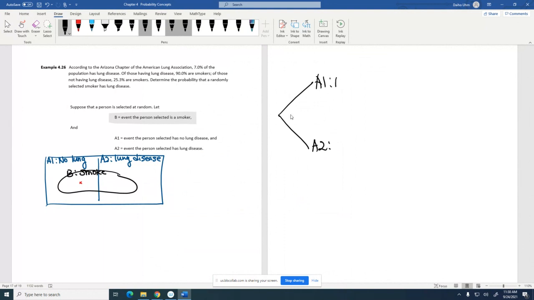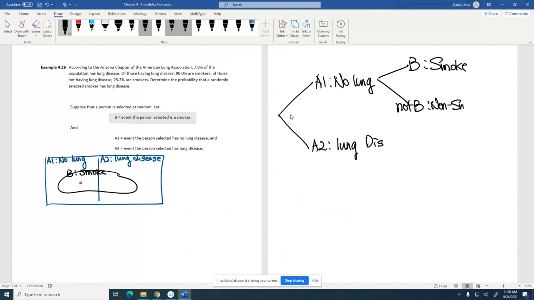Who was A1? No lung disease. And A2 is lung disease. And then we can split: B and not B. What was B? Smoke. Non-smoke. Smoke. And not B, non-smoke.